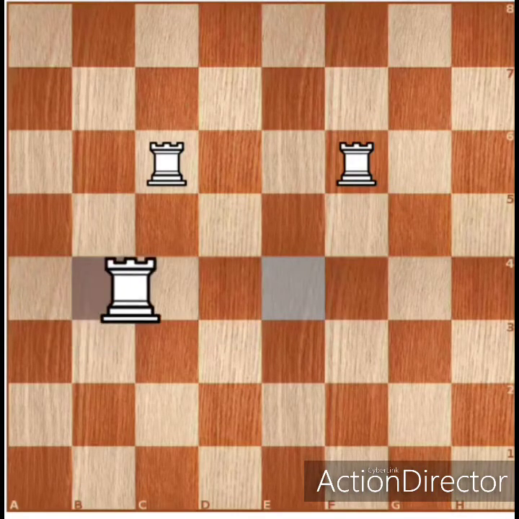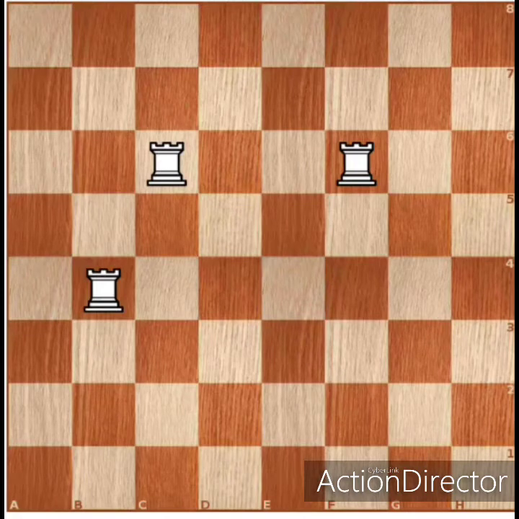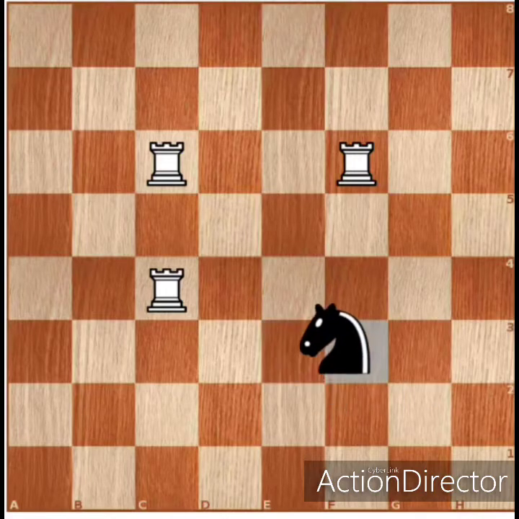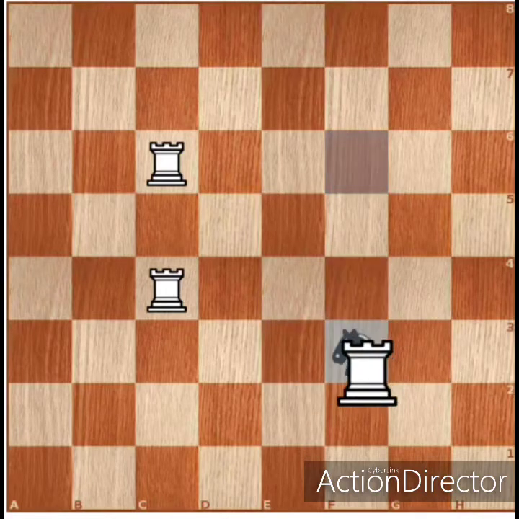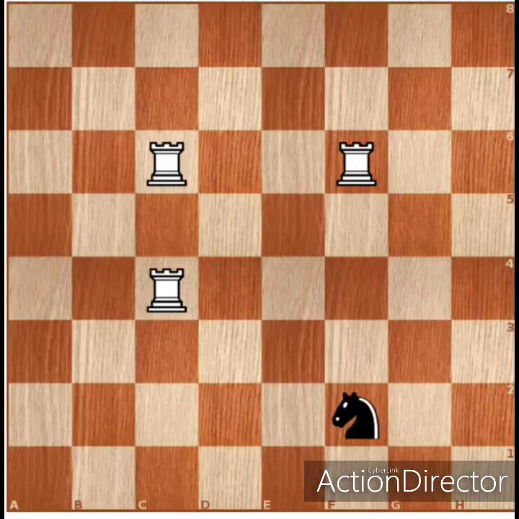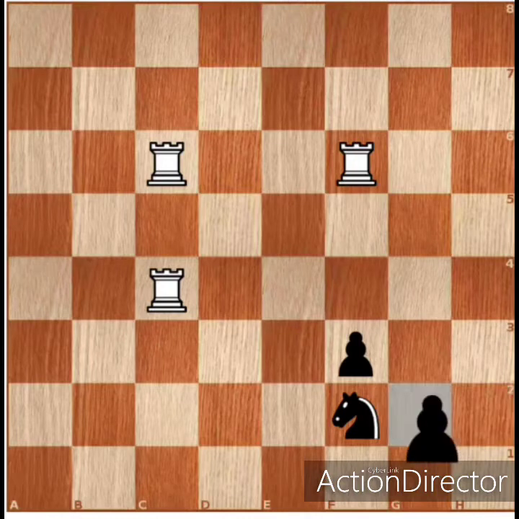Rooks move only straight, and the capture is the same: if a pawn is over there, it can capture, and if a knight is over there, it can go and capture. But the important thing is, this knight is protected by these two pawns.